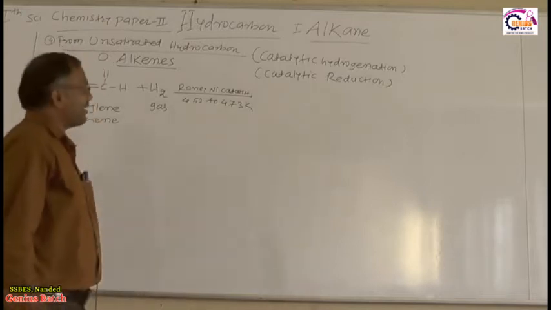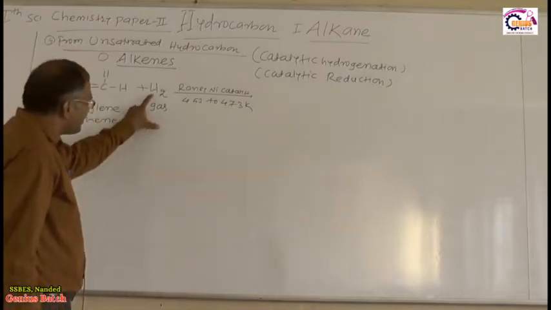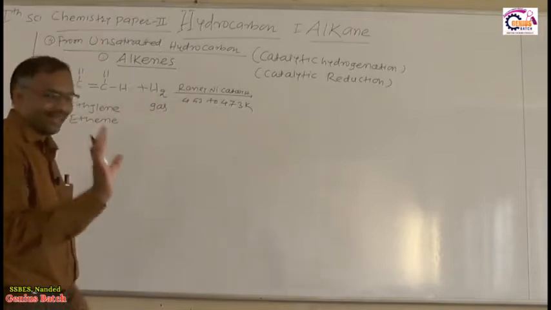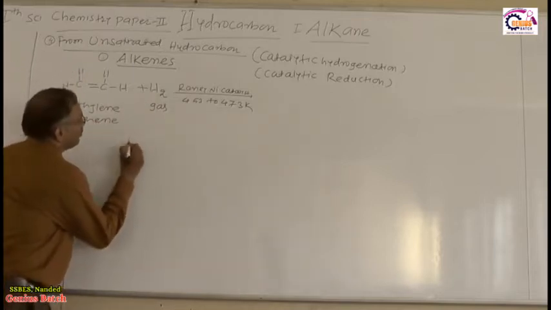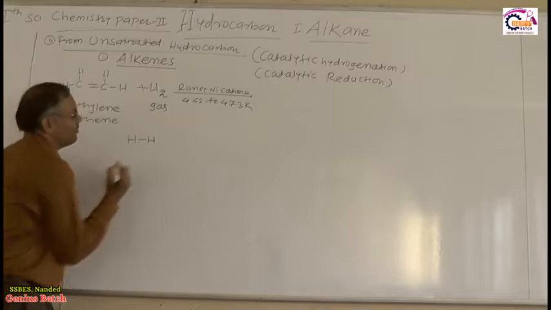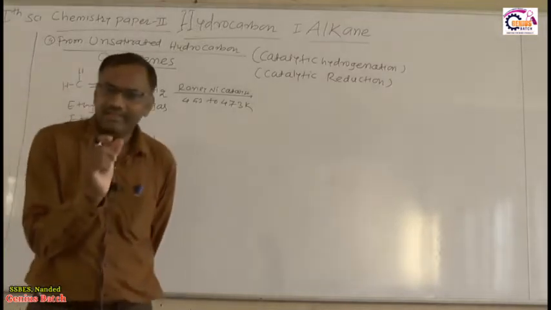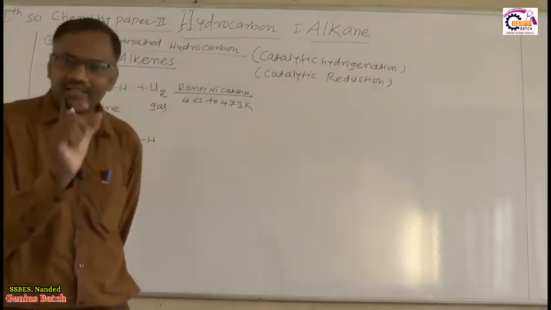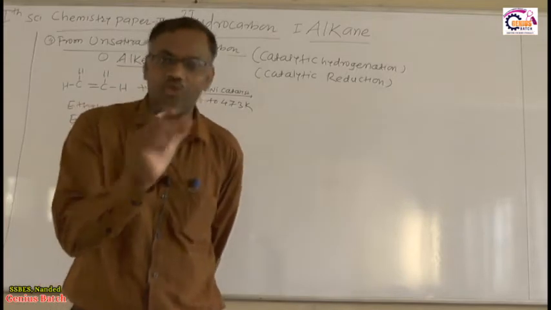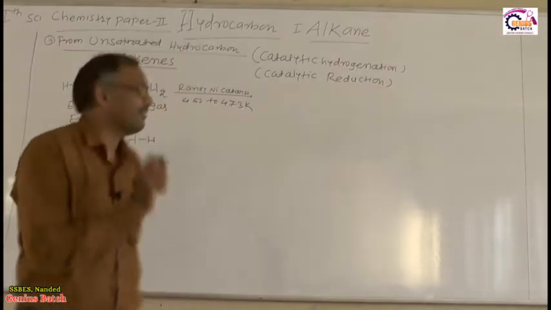Actually, how is this hydrogen molecule added? You should know that this is the hydrogen molecule. When this hydrogen gas is passed into the electric arc tube, it gets ionized to form hydrogen positive and hydrogen negative. We will see the mechanism of this reaction. First of all, how does this hydrogen get ionized?